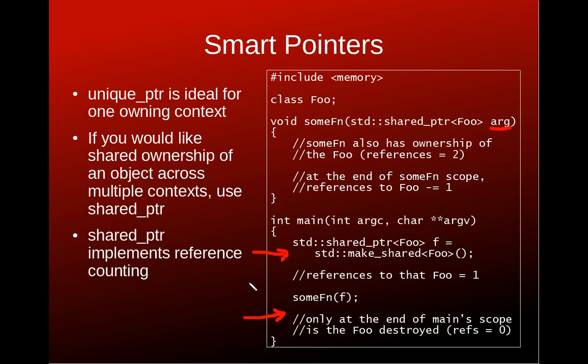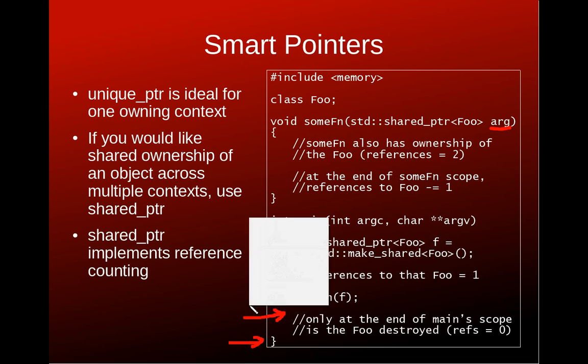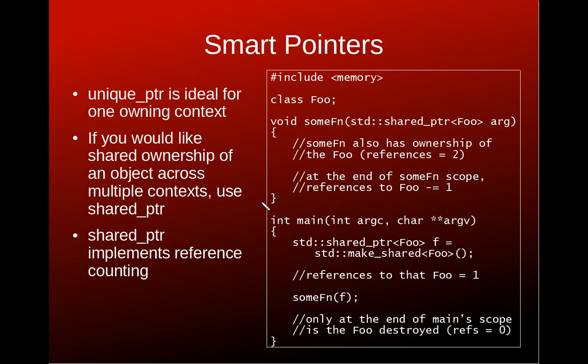But once we reach the end of main's scope, then f's destructor is invoked, which decrements the tracked references. So it will decrement that reference counter, and only when the number of references is 0 is that object destroyed. So at the end of main, that object is still destroyed, and everything works out. We were able to use the object in multiple contexts, okay, and it was just great.